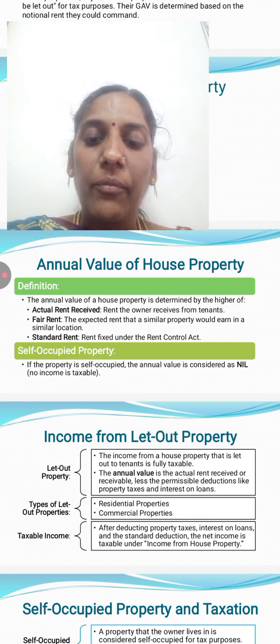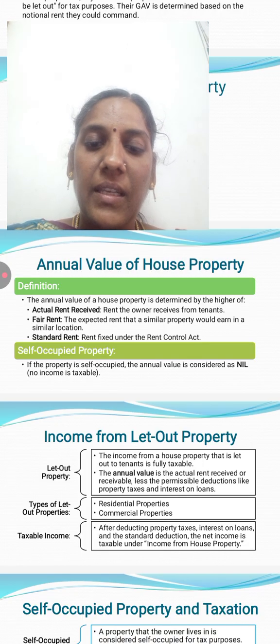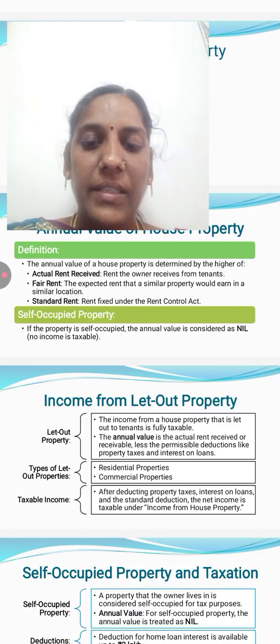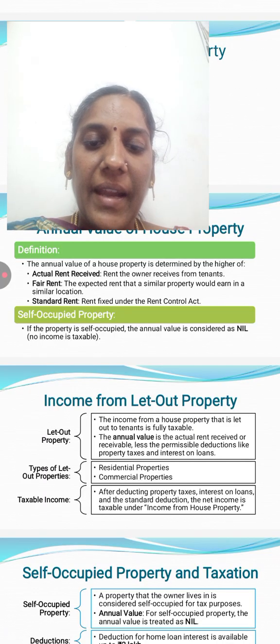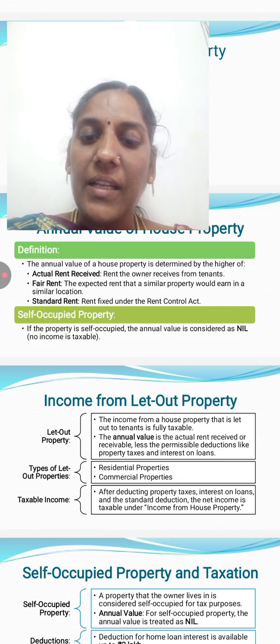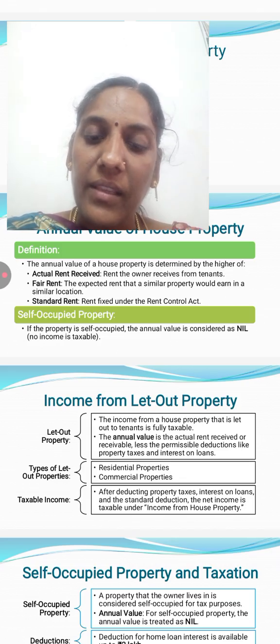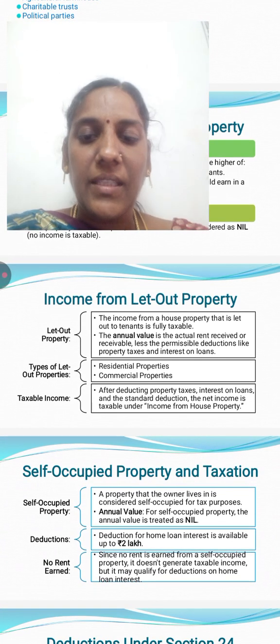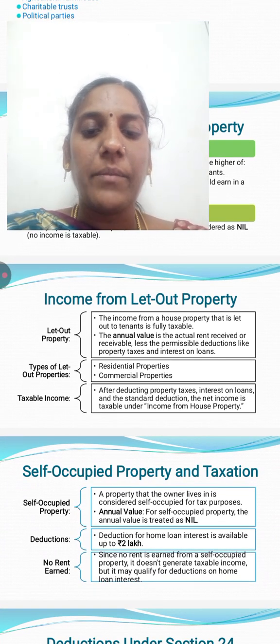The types of let out properties are residential or commercial properties. Taxable income: after property taxes, interest on loans and standard deductions, the net income is taxable under income from house property.